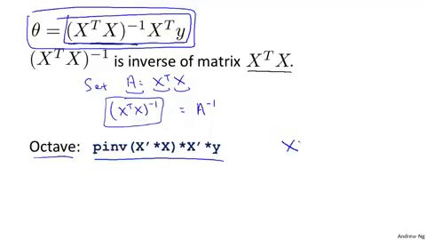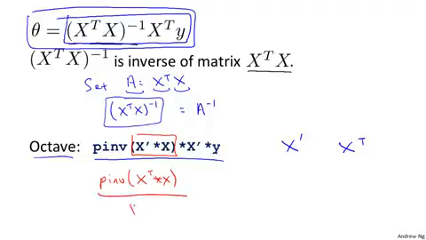In Octave, X prime is the notation you use to denote X transpose, so this expression that I'm boxing in red is computing X transpose times X. pinv is a function for computing the inverse of a matrix, so this computes X transpose X inverse, and then you multiply that by X transpose and by Y, so you end up computing that formula.